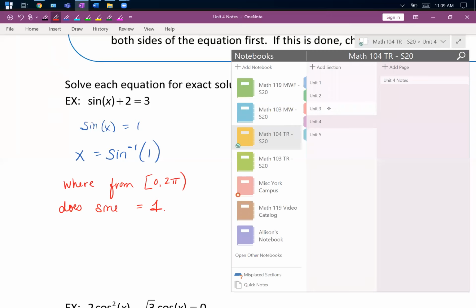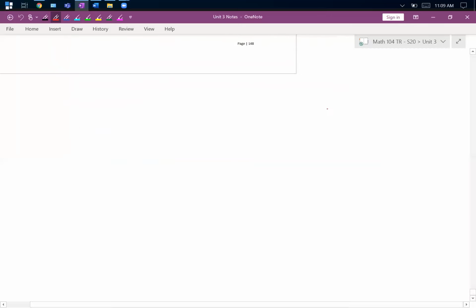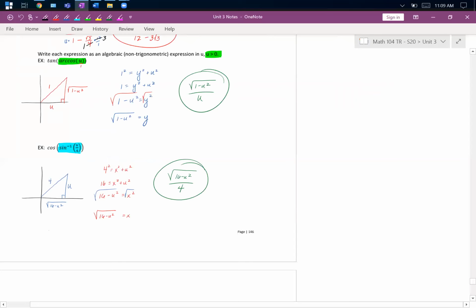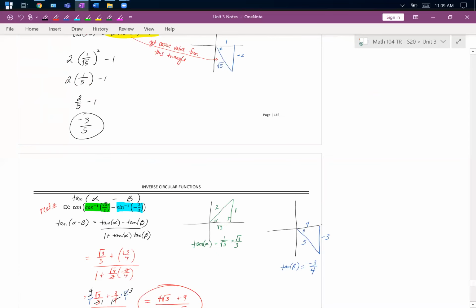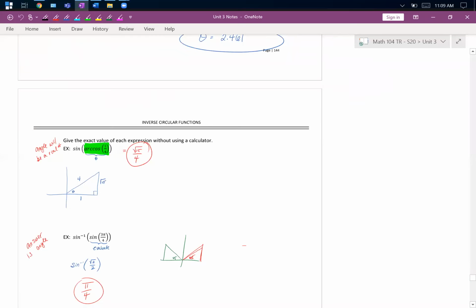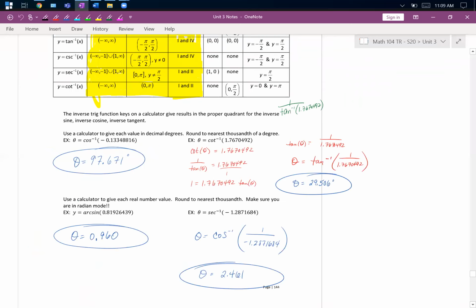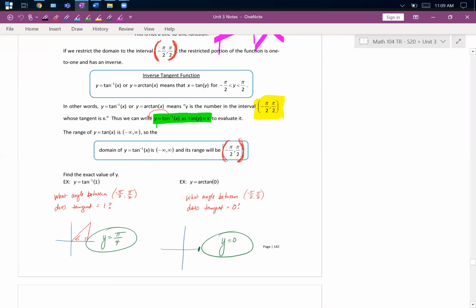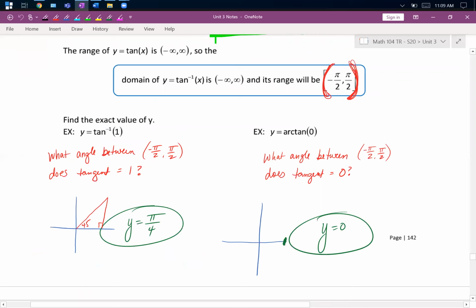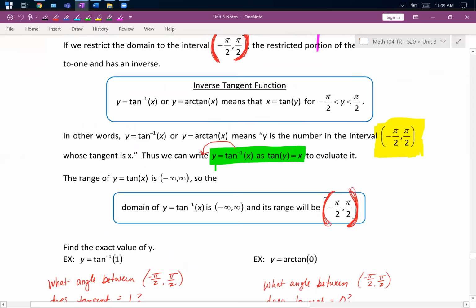Now, this is slightly different from what we did on Tuesday. So on Tuesday, when we were doing our inverse trig functions, we kept talking about what quadrant these things were defined in, right? So like tangent, what angle between negative pi over 2 and pi over 2 does tangent equal 1?